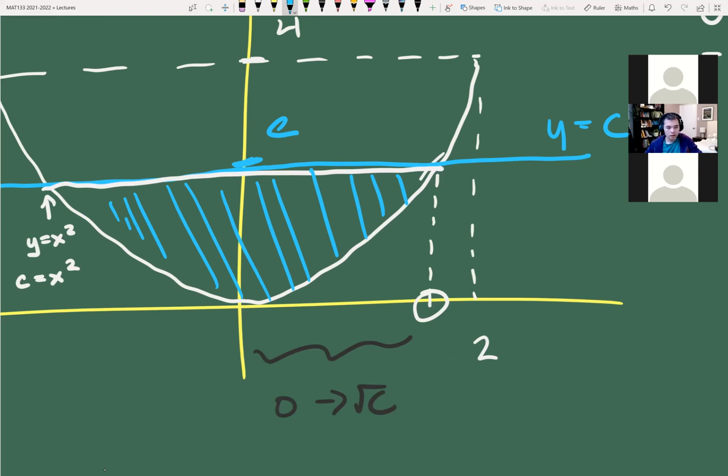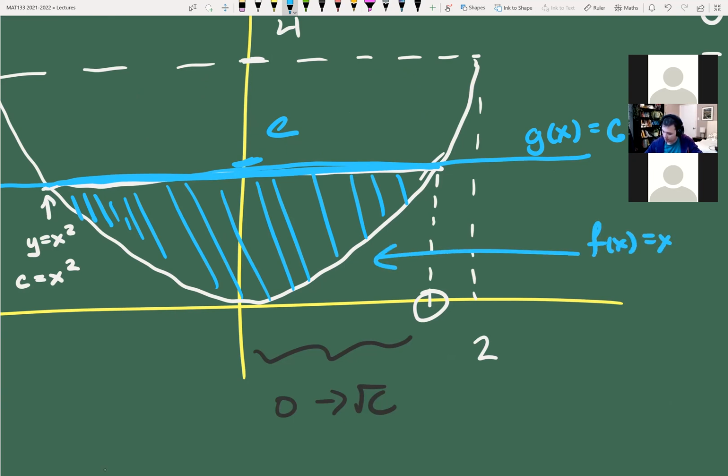Okay. So just like when we find the area between two curves, the top curve, this is the line y equals c, right? That's the top function. Let me write this as g of x equals c. And then this bottom function here, this is f of x equals x squared.